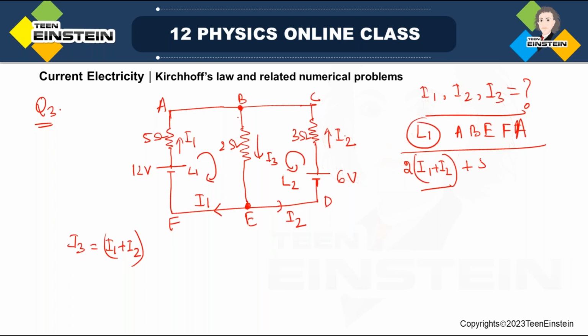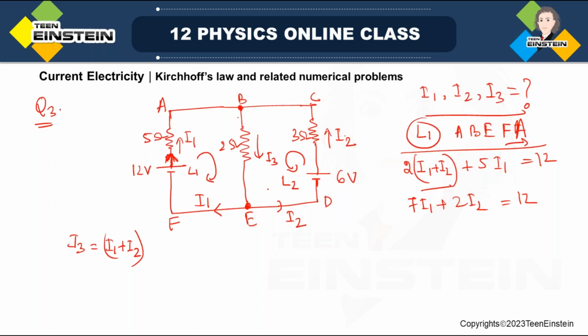This also will be positive only. And see the battery, I'm going from F to A, the current is flowing from the positive terminal of the battery, so I'm taking that as positive 12 volt. All right, now this is the first equation. I can do a little bit of simplification: 7I1 plus 2I2 is equal to 12.